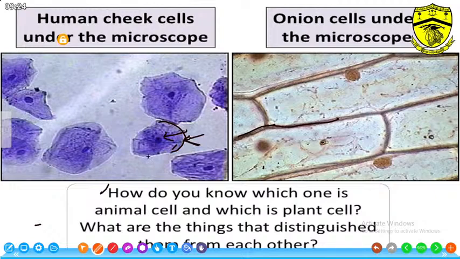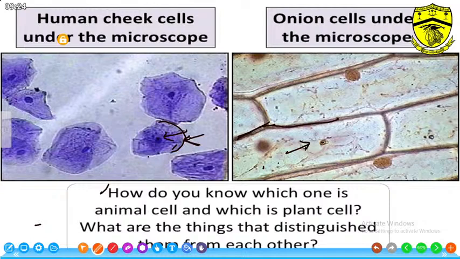So what are the things that distinguish them from each other? The cell wall is present only in plant cells. Next one, the larger vacuole is also present in plant cells.